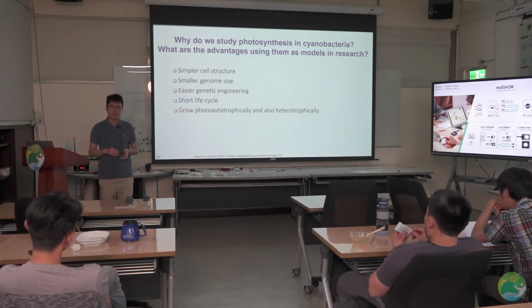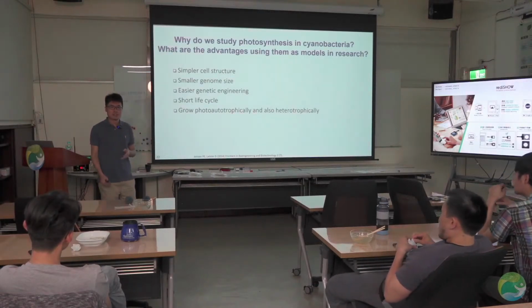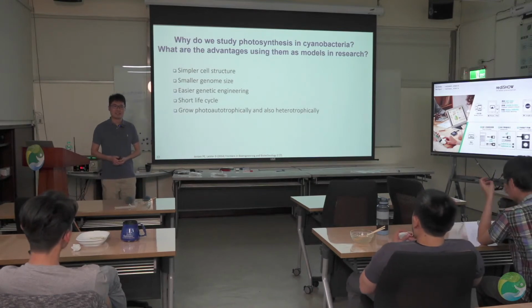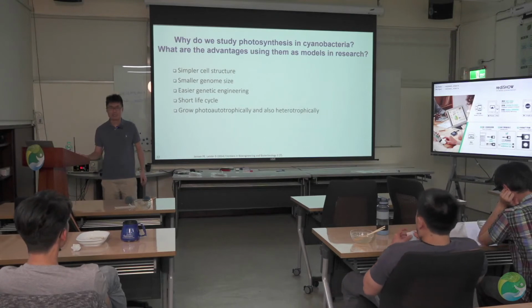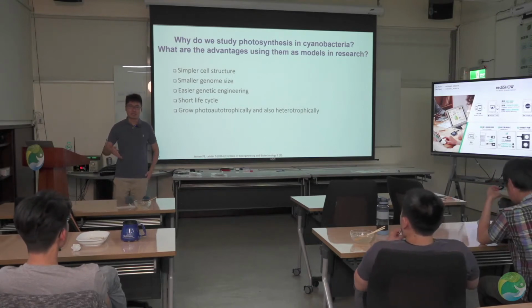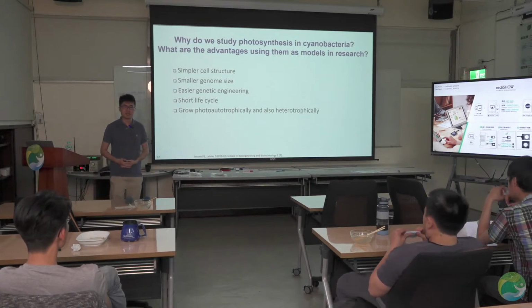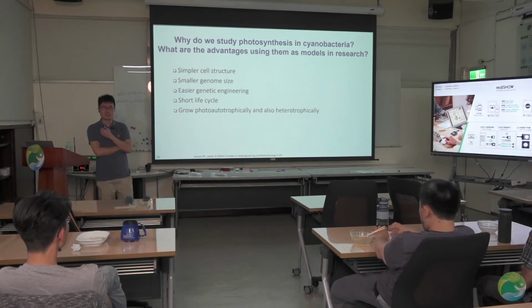But if you grow these cells under higher CO2 levels, they just don't produce these carboxysomes anymore. Because they might sense the carbon dioxide concentration is high enough, so they don't produce these concentrating mechanisms. That's what happens in cyanobacteria.